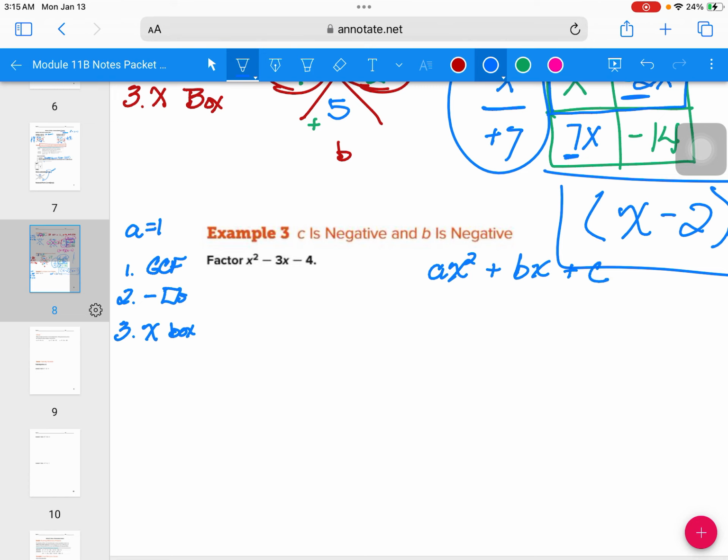All right, so in this particular problem, a is equal to 1, that's the 1 in front, b is equal to negative 3, and c, my constant, is negative 4.